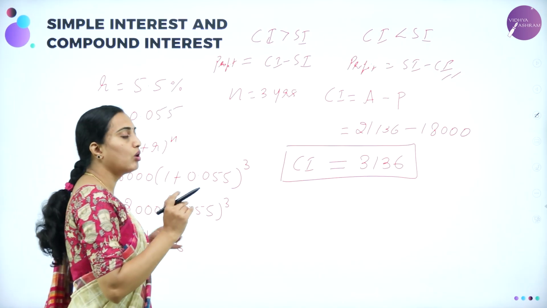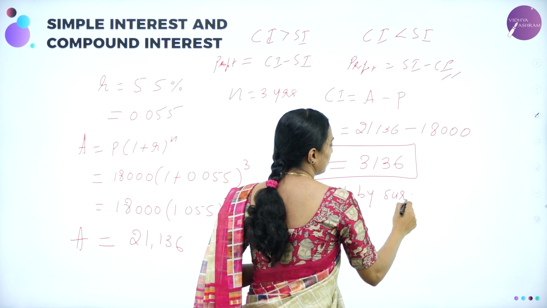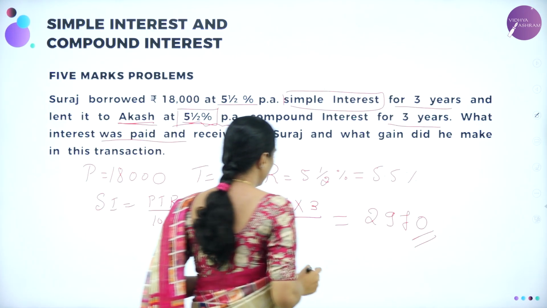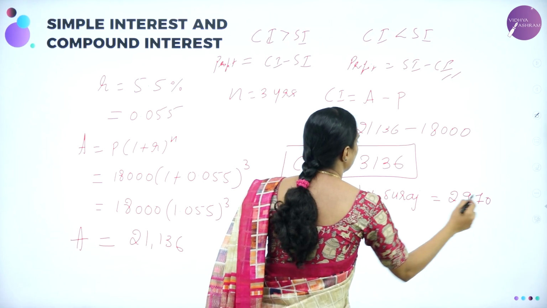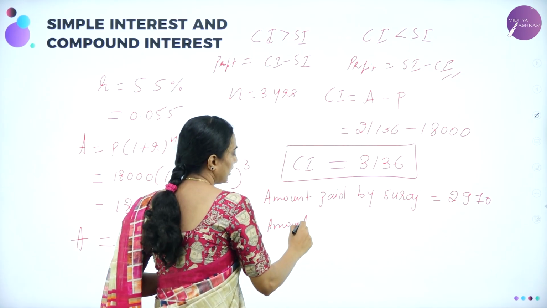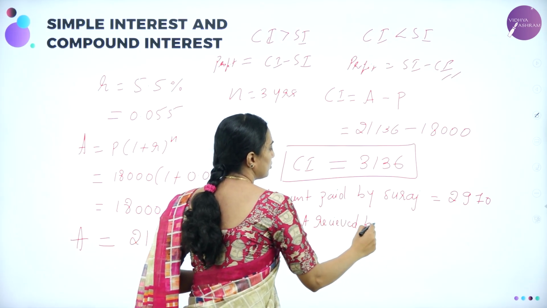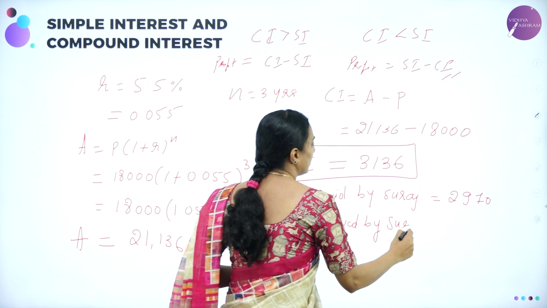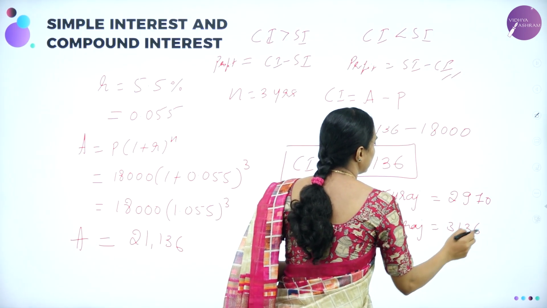Got it? Okay. So the amount paid by Suraj is nothing but the simple interest you have calculated, 2,970, and the amount received by Suraj is nothing but 3,136.